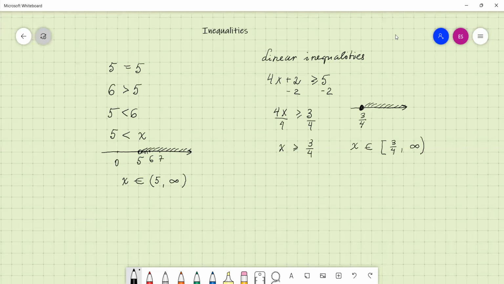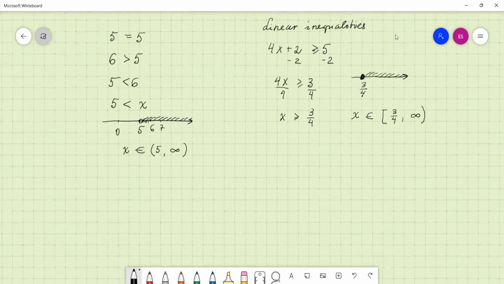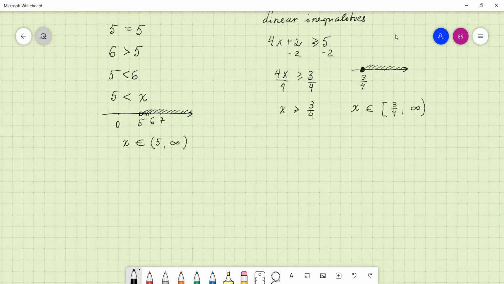So that's our answer. Let me talk for a second about multiplication by -1. I'm going to return to my inequality on the left and change my color. So we see the inequality 5 less than 6, right? If I multiply this inequality by -1 on both sides, I'm going to get -5 and -6.